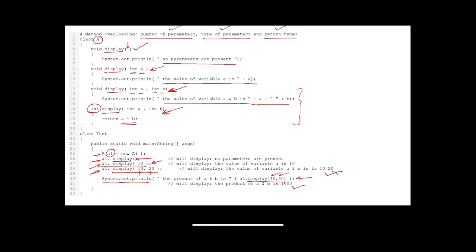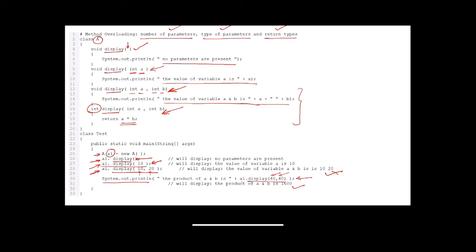So this is method overloading, where my compiler sees that if there are methods having the same name, it checks the number of arguments. If the number of arguments is the same, it checks the data type of those arguments. If the data types of arguments are also the same, it also checks the return type.